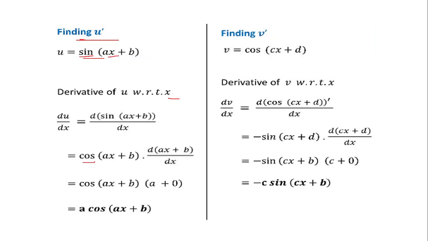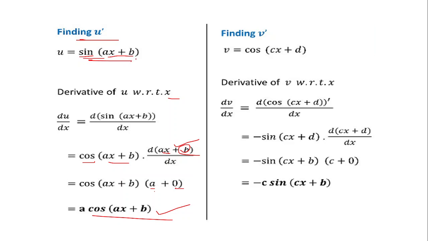So keep ax plus b as it is, cos of ax plus b. Once again differentiate ax plus b. While differentiating a into x, a into x is nothing but a, because x differentiation is 1, and b differentiation is 0. So the final answer will be a into cos of ax plus b for sine differentiation. We solved this one earlier.